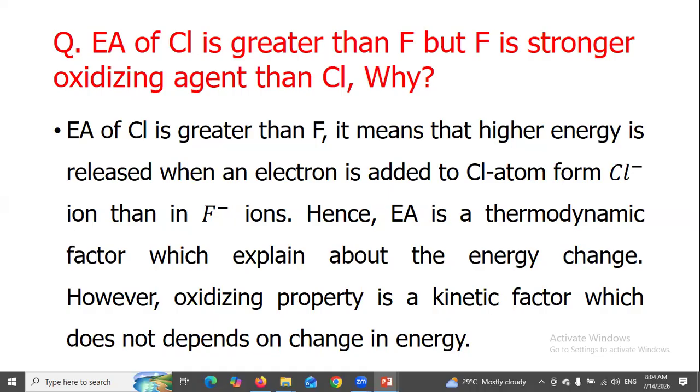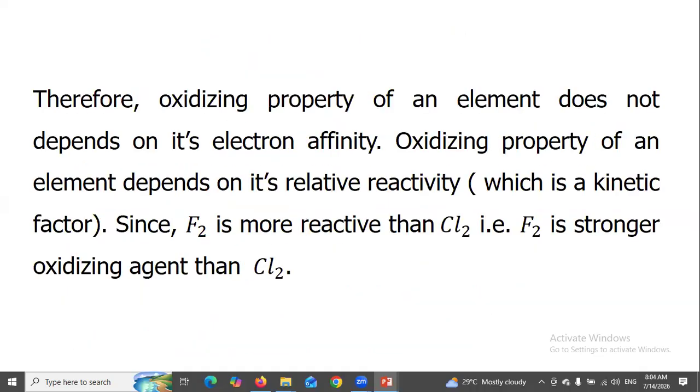However, oxidizing property is a kinetic factor which does not depend on change in energy. Therefore, oxidizing property of an element does not depend on its electron affinity. Oxidizing property depends on its relative reactivity, which is a kinetic factor. Since fluorine is more reactive than chlorine, fluorine is a stronger oxidizing agent than chlorine.